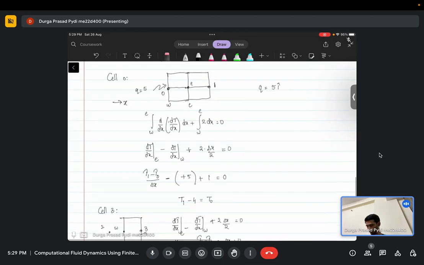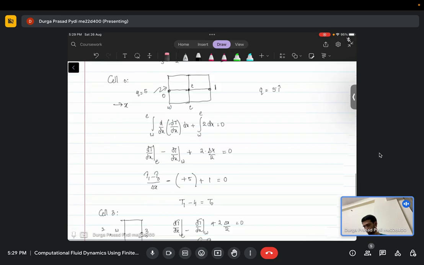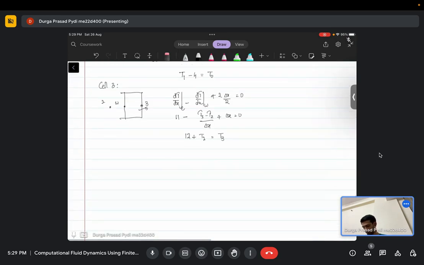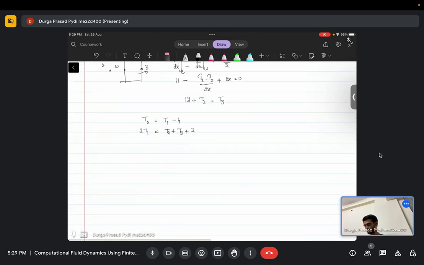So if we write all the equations together, for the first cell t0 equals t1 minus 4. The second cell is 2t1 equals t2 plus t3 plus we have a source term of 2. 2t2 equals t1 plus t3 plus 2, and for the last cell t3 equals t2 plus 12.